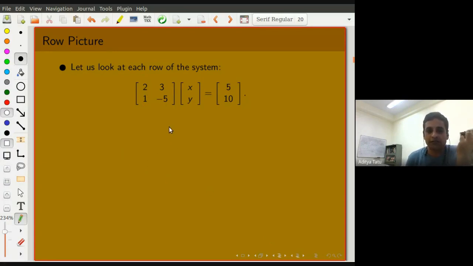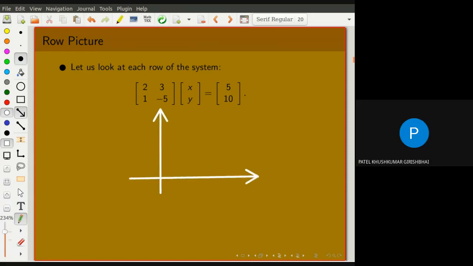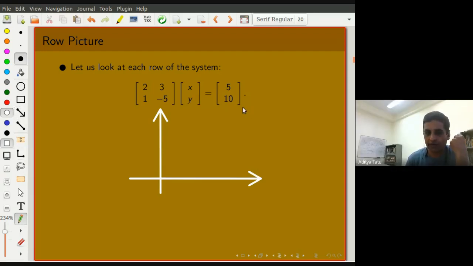How would we interpret this system geometrically? Two lines that intersect. Since there are 2 variables, we will be looking at the set R squared, which, as far as geometry is concerned, is your xy plane.